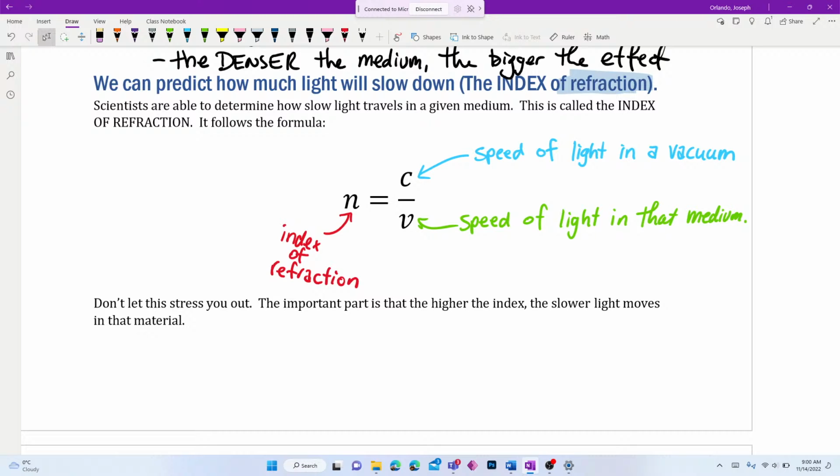By definition, what we call the speed of light is really the speed of anything that has absolutely no interference. 3 million meters per second is the cosmic speed limit, the universal speed limit. It is as fast as anything can go because, and again, this is a level of physics beyond what we are going to be studying in this course, you are constantly hurtling through both space and time.